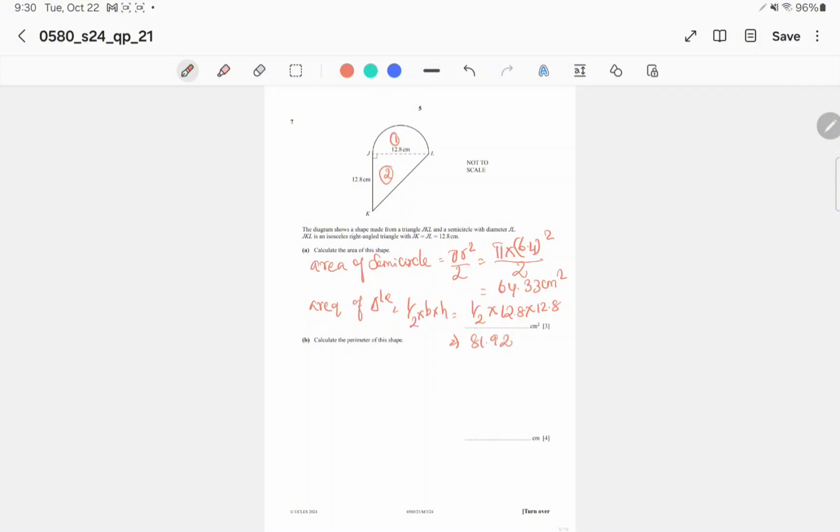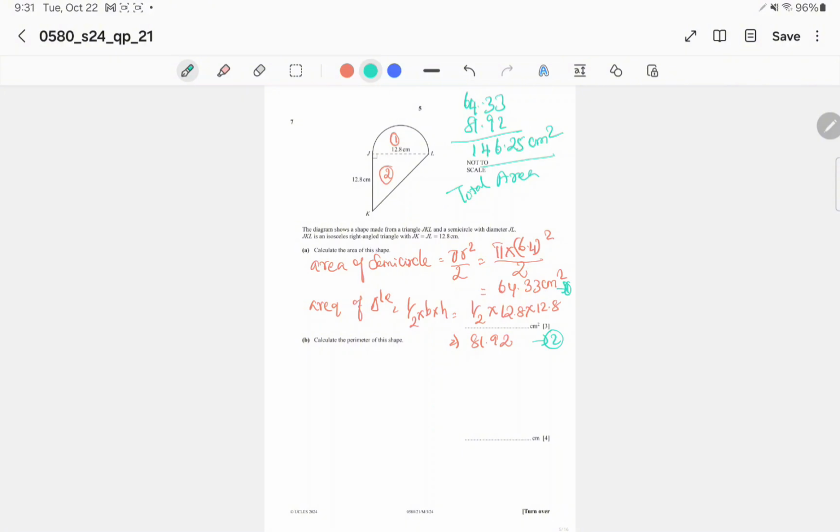Now we add the two areas: 64.33 plus 81.92, so totally 146.25 centimeters squared is the answer. So this is the total area I have written. Now calculate the perimeter of the shape.